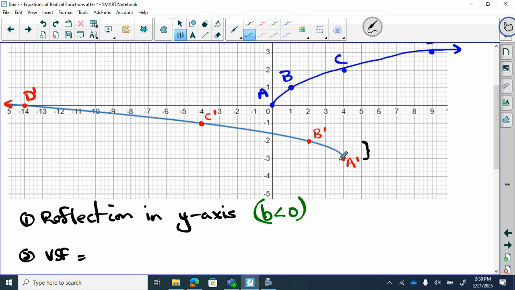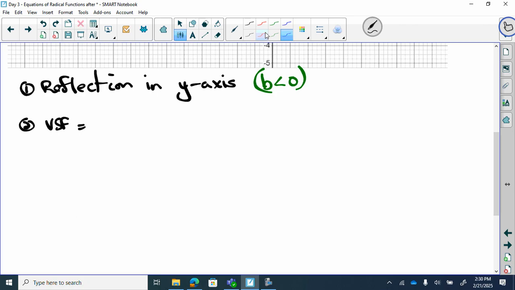What would that be? From a height of -3 to a height of -2. It's 1. What about here on the original? From a height of 0, point B has a height of 1. I'm going to write 1 divided by 1.